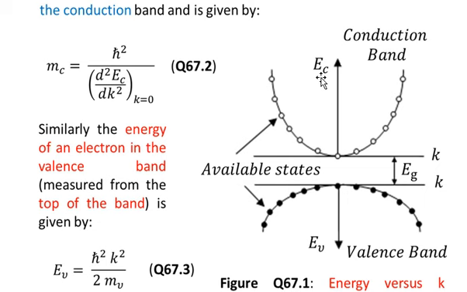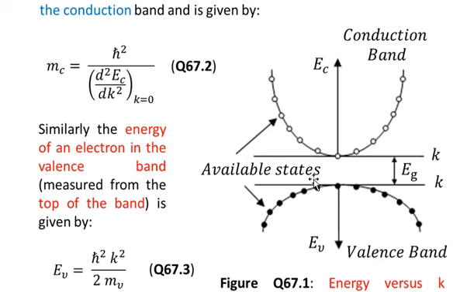E_C is the energy of an electron in the conduction band, and E_V is the energy of the electron in the valence band. You can see filled circles in the valence band, and empty or hollow circles in the conduction band.